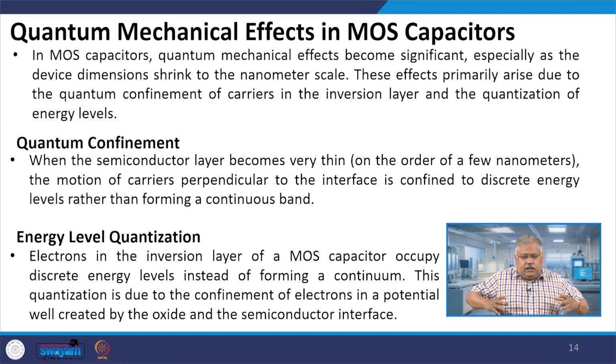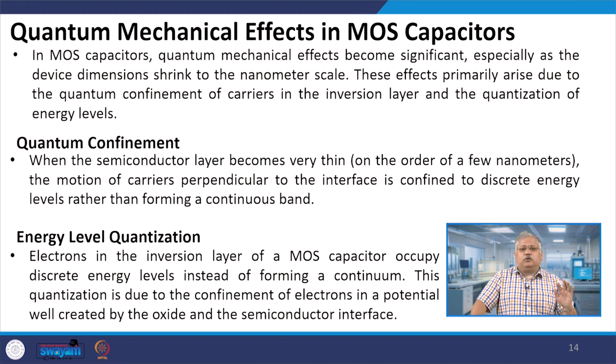Now when you are shrinking the MOS capacitor by reducing the value of Tox, your Cox actually goes on rising, right. Now as the Tox goes on reducing, since the gate has a better control over the channel, the number of carriers becomes very large in the inversion layer, and if the transverse dimension of the inversion layer is very small, there will be quantization of the inversion energy levels.